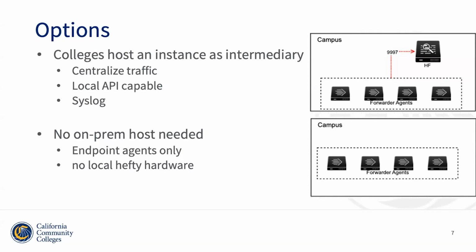It also gives you the ability to do local API executions. Many local security applications that you may have on-prem that you want to process data for, you can set up those applications that we could potentially pull down from Splunkbase, execute those API calls, pull that data in and process.